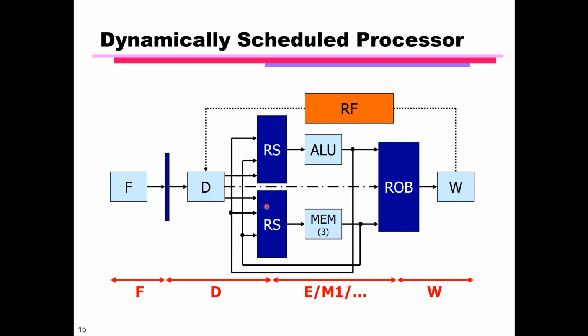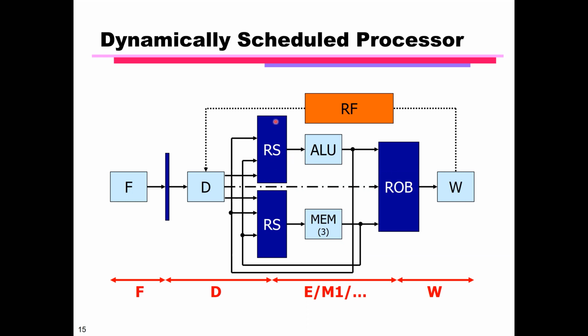Now, if we want to look for further instructions that can be executed, we cannot block the fetch and decode stage, right? We need to continue to fetch and decode new instructions until we find one that finally we can execute because it doesn't depend. So we need to park somewhere the instruction that cannot be executed. It cannot go ahead, but I need to be able to bring new instructions in. So I need to park it somewhere.